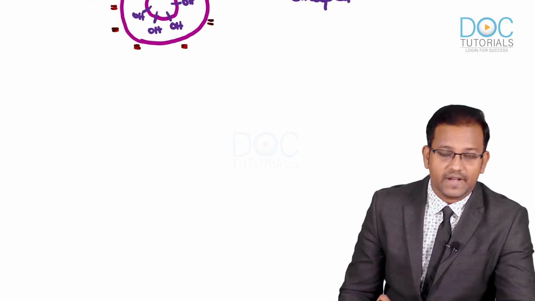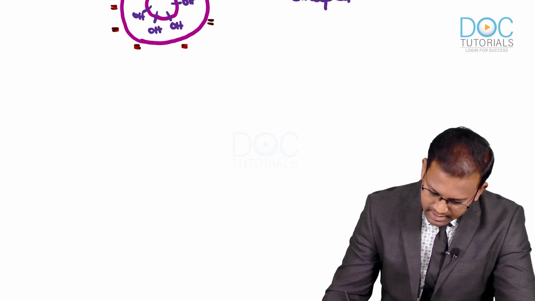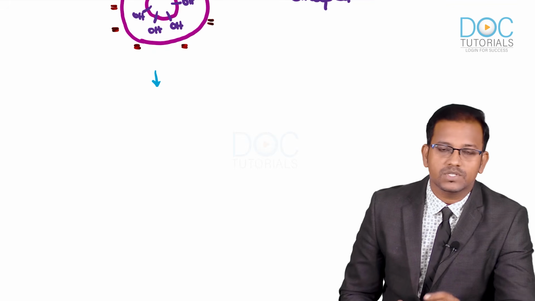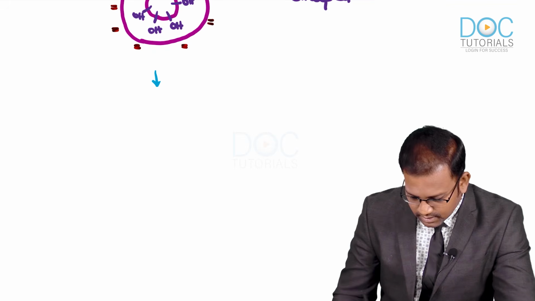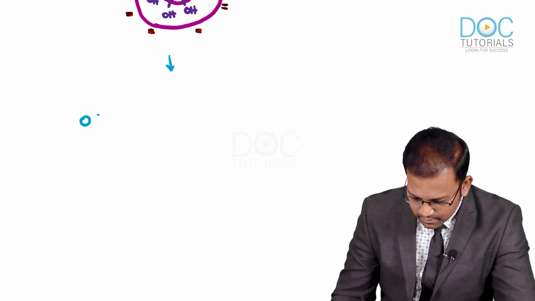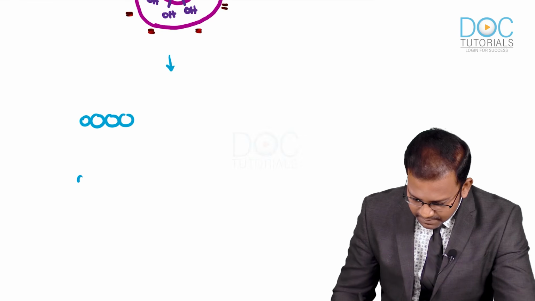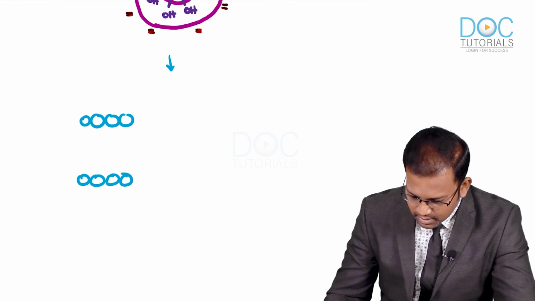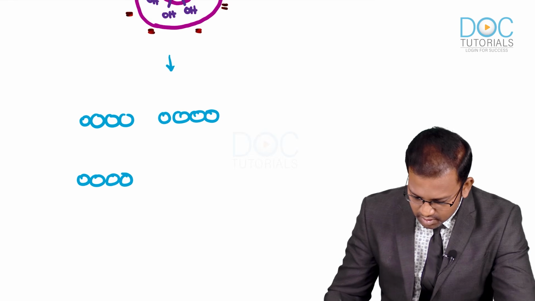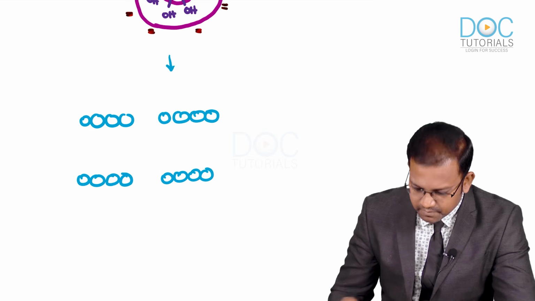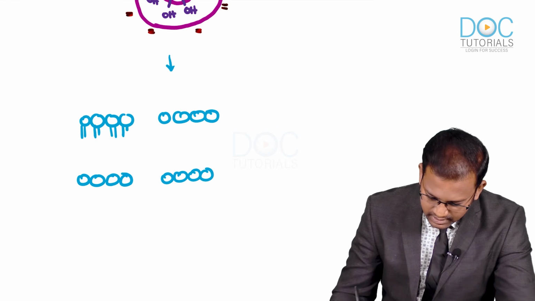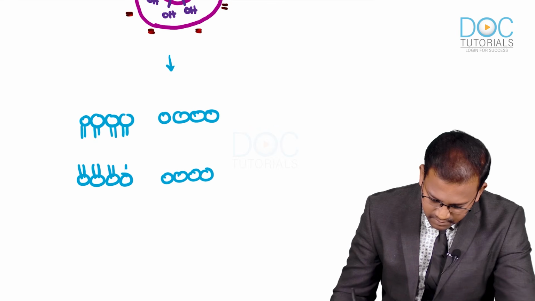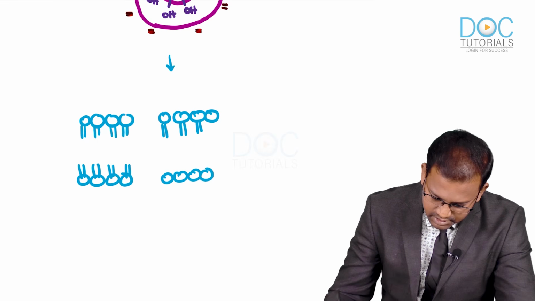So what is the mechanism of action, guys? Whenever this drug is administered to a human being who has a fungal infection, consider this the fungal cell membrane. It is not made up of the usual cholesterol present in human beings, but of ergosterol.